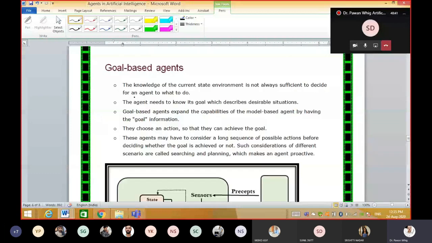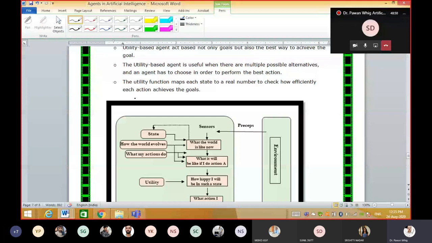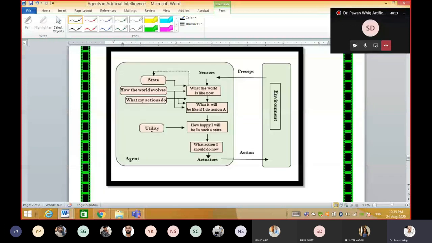And there is one more agent, the utility based agent. The utility based agent is one which gives the utility also. Once the task is over, it will check whether all the task is done or not.